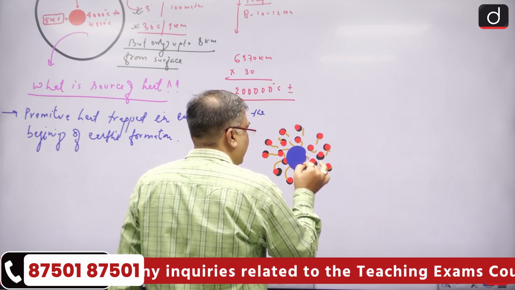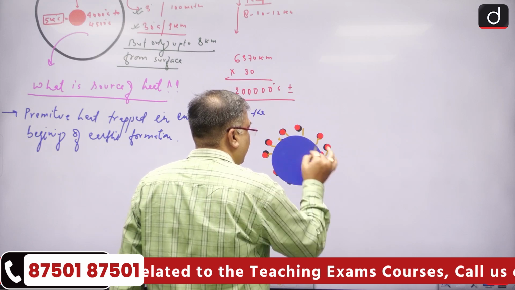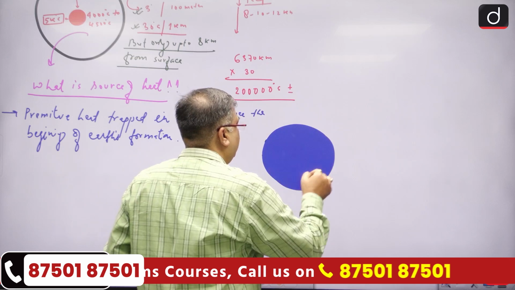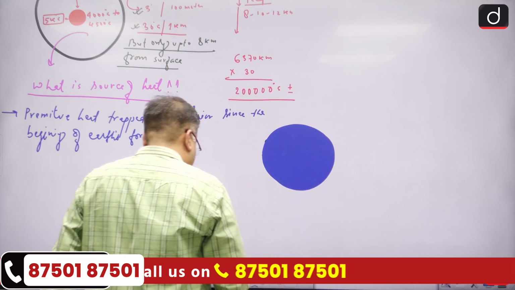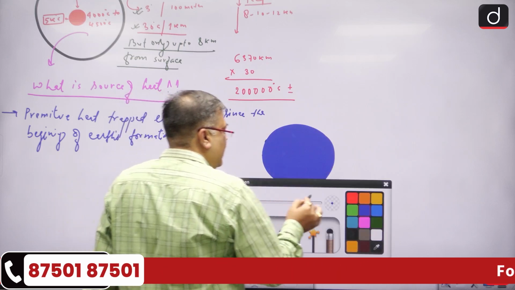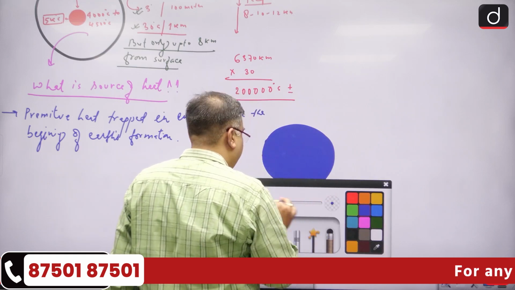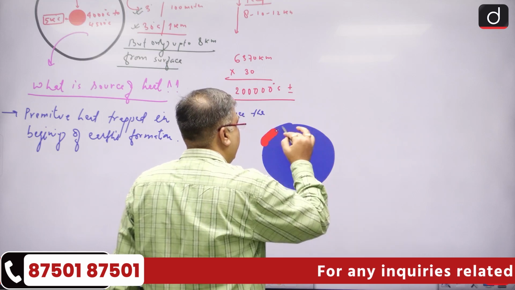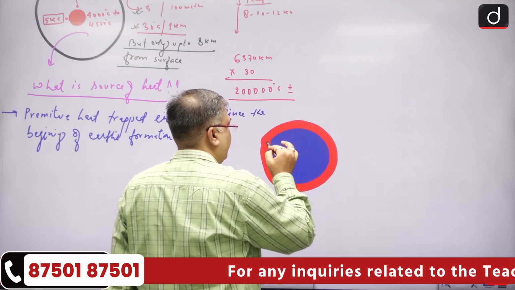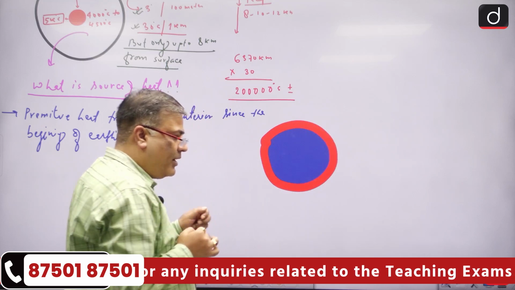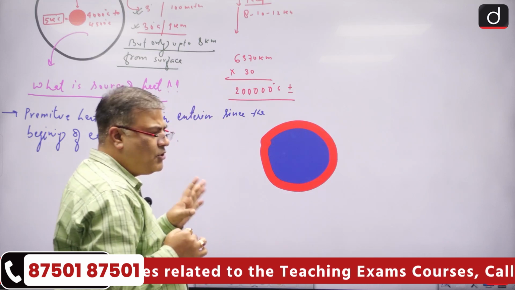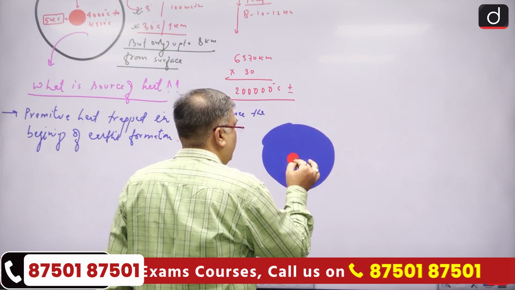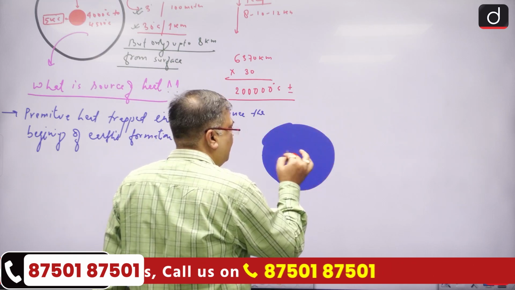Now, all these things are combining together, and this combining process is due to gravity. Everything combined together to form this Earth. Then obviously initially every layer was very hot, but it would be hottest in the central part.